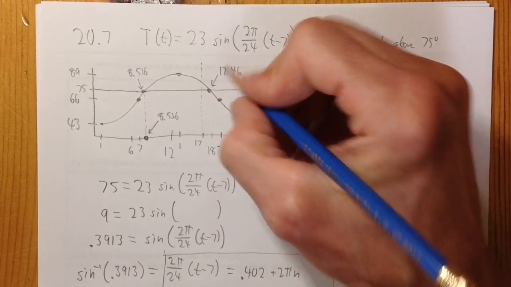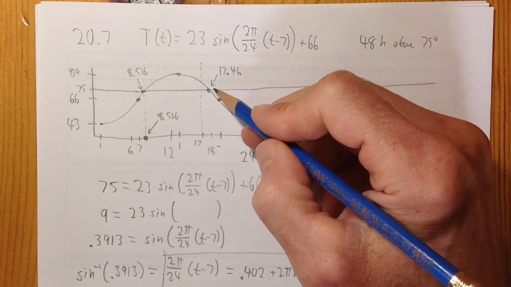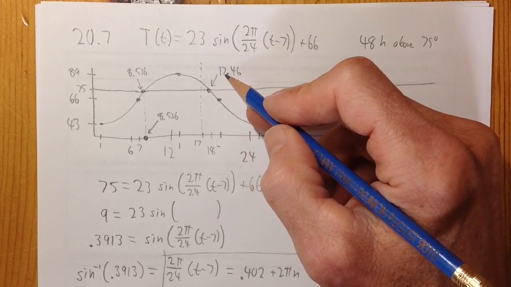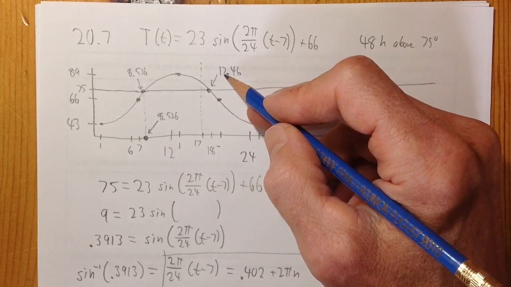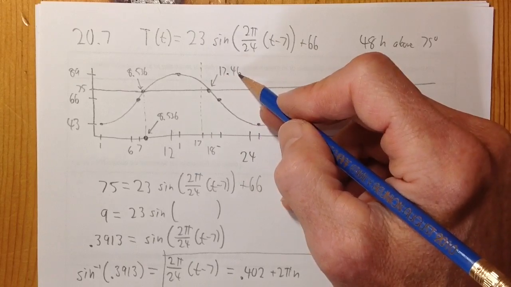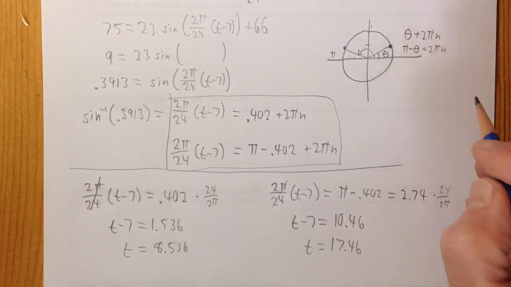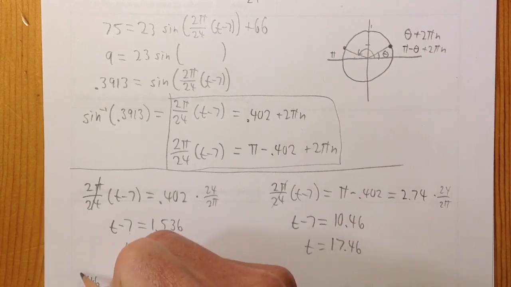About 0.46 of an hour, a little under half an hour, because we finished painting at 5, and 5.46, because 5 is 17 o'clock, is when it goes below 75 degrees. So the very first day we have 0.46, that's day 1.